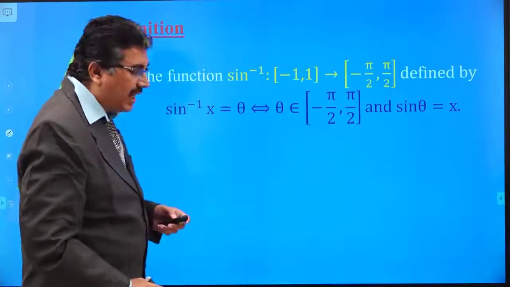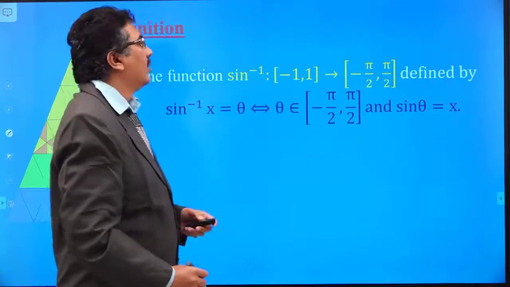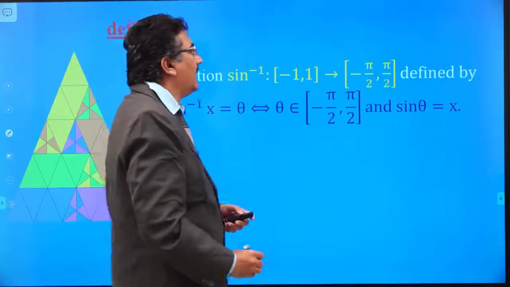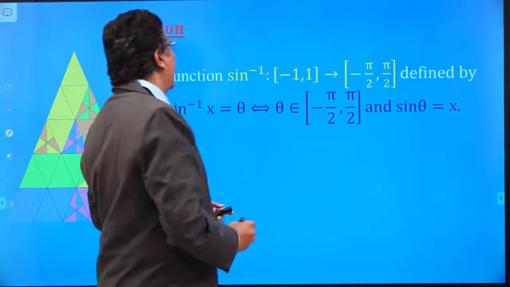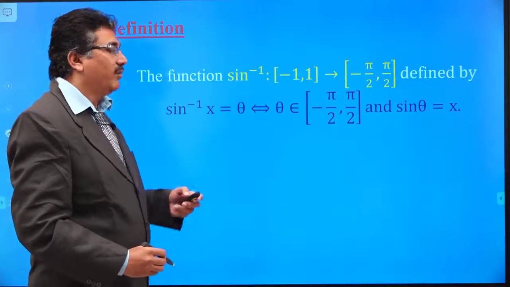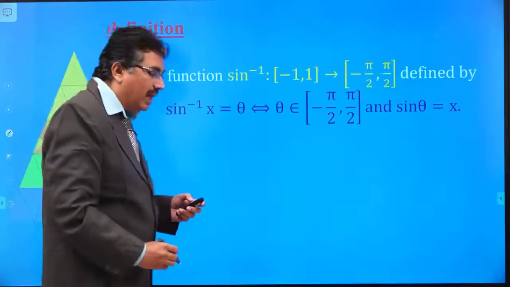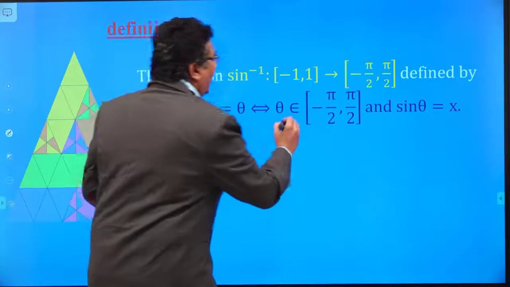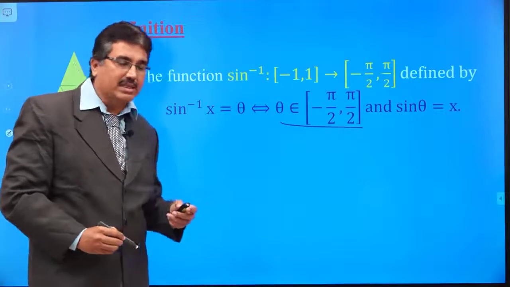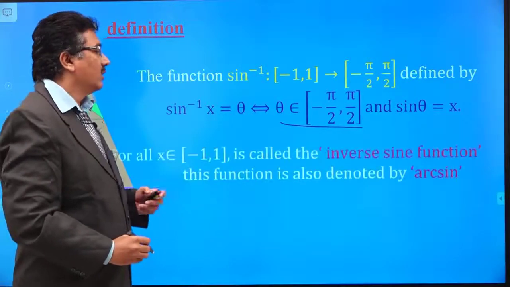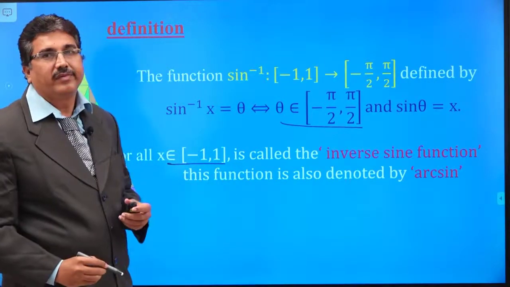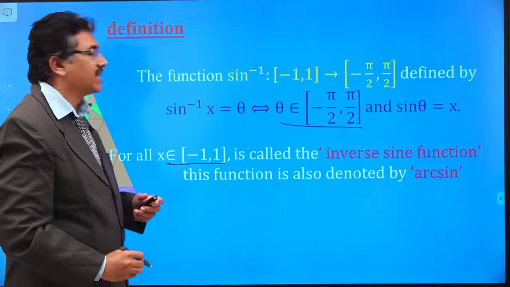The function sine inverse, mapping from the closed interval minus 1 comma 1 to the closed interval minus pi by 2 comma pi by 2, defined by sine inverse x is equal to theta if and only if theta belongs to the closed interval minus pi by 2 comma pi by 2 and sine theta is equal to x, for all x belonging to the closed interval minus 1 comma 1, is called the inverse sine function.